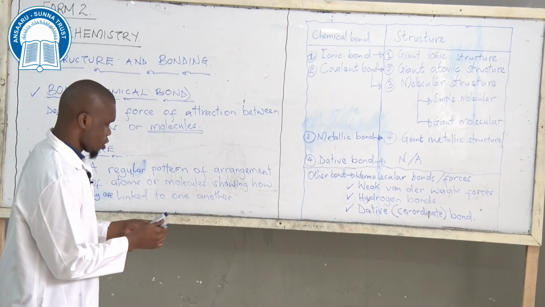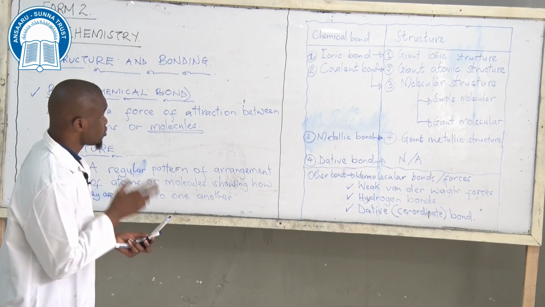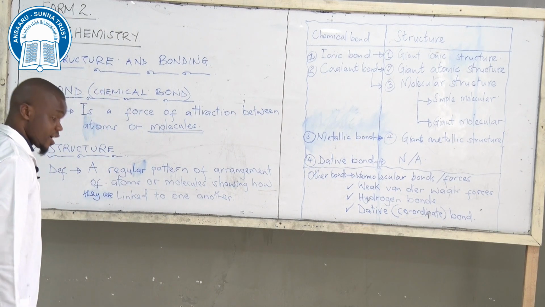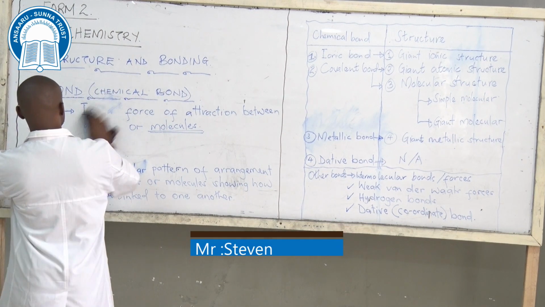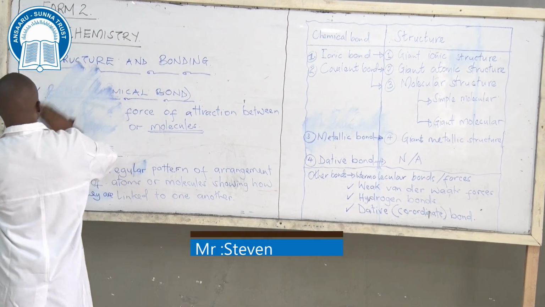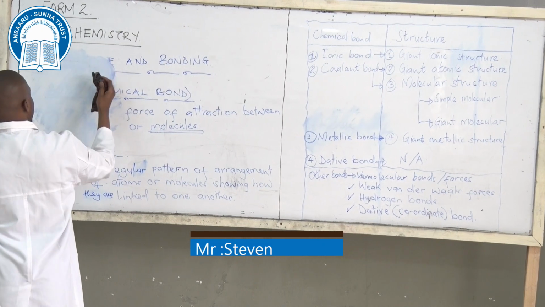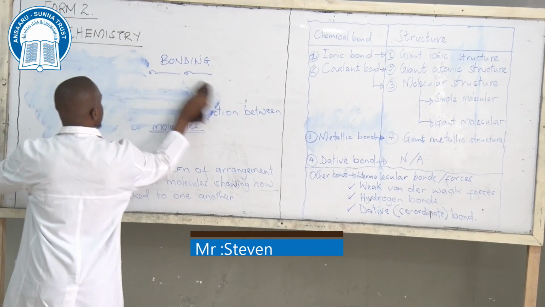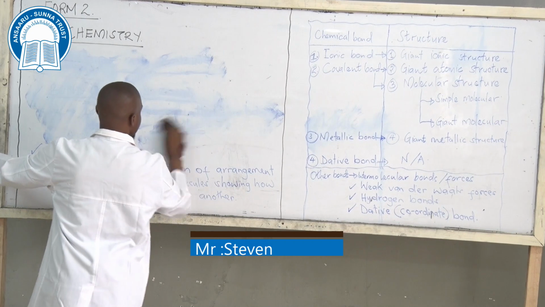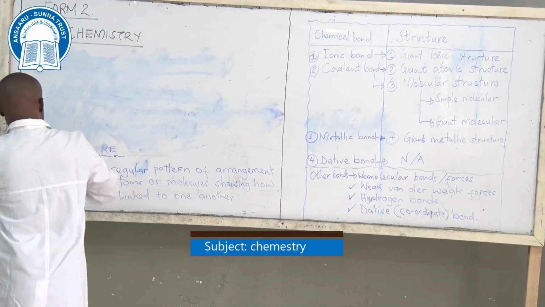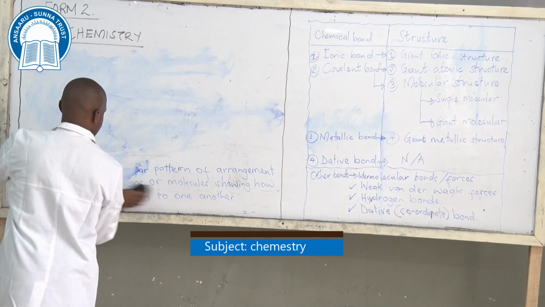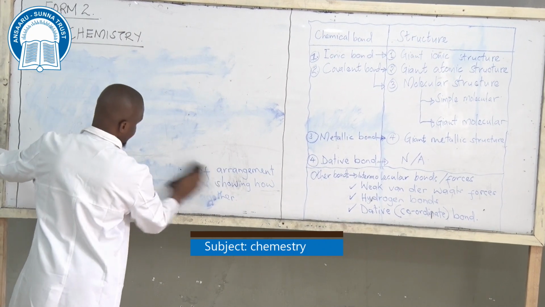Now, because of time today, I'll only introduce one of the bonds here. The first one we're discussing today is an ionic bond. Now, we want just to briefly talk about an ionic bond. I hope this will go. It appears not to be clear, but I hope it would be clear. This pen of mine is leaving a blue mark here.